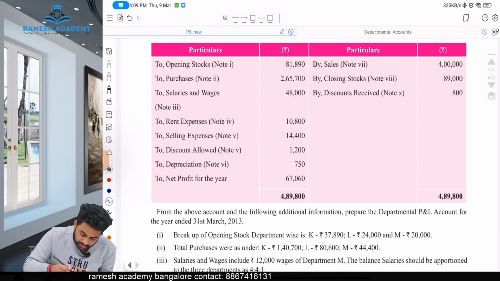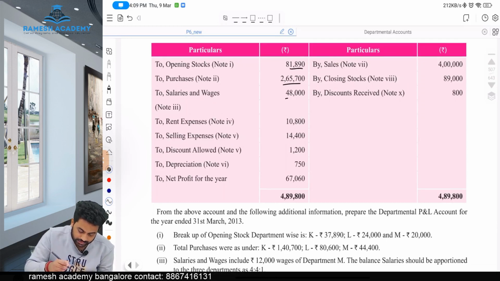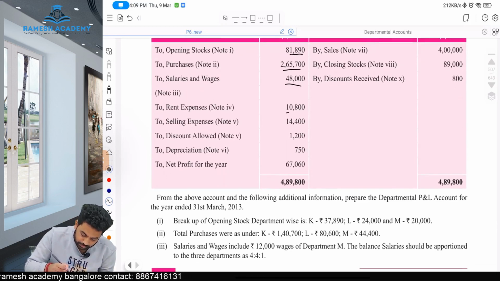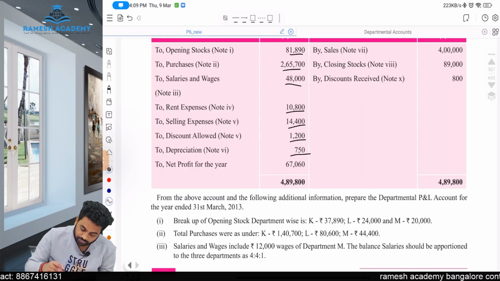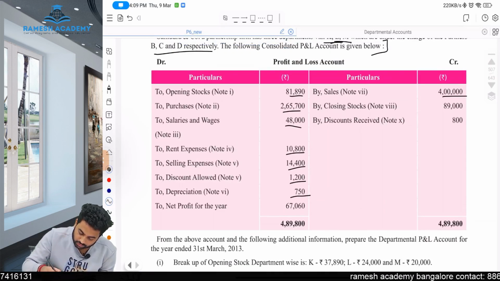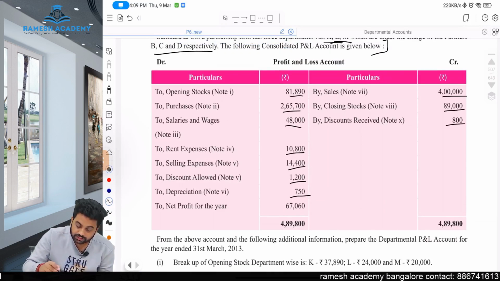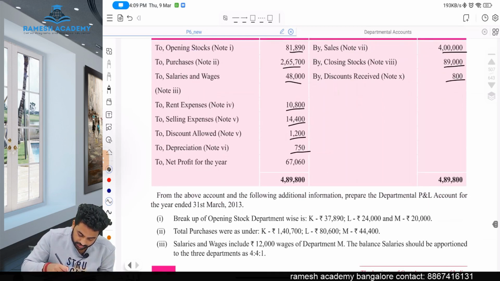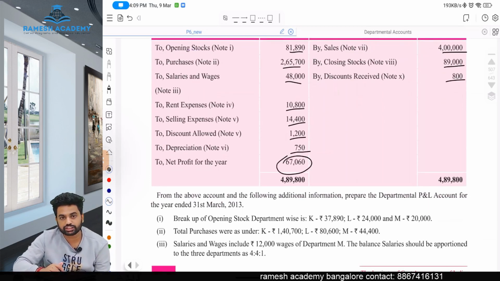Opening stock 81,890, purchases 265,700, salaries and wages 48,000, rent expense 10,800, selling expense 14,400, discount allowed 1,200, depreciation 750, sales 4 lakh, closing stock 89,000, discount received 800, and net profit 67,060.